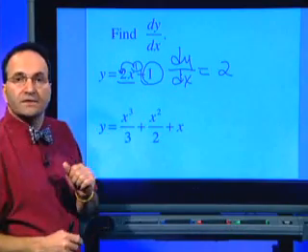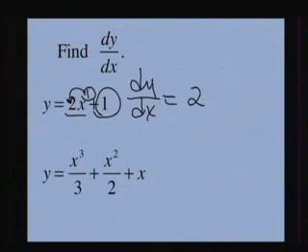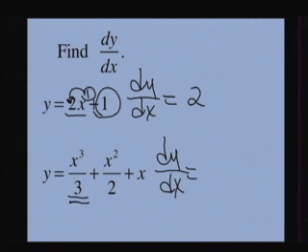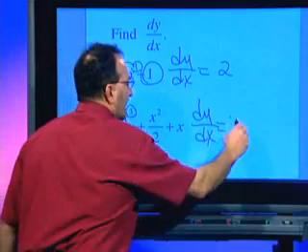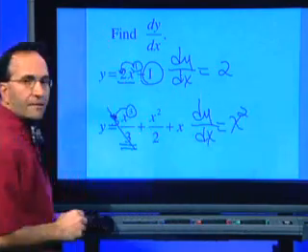Let's look at the second equation I have. We're looking for the derivative, dy/dx, is equal to. Once again, we have to apply the power rule to this example. So we have to bring the 3 down and multiply it. So 3 times this means that the 3's will cancel, and we will just get x squared.